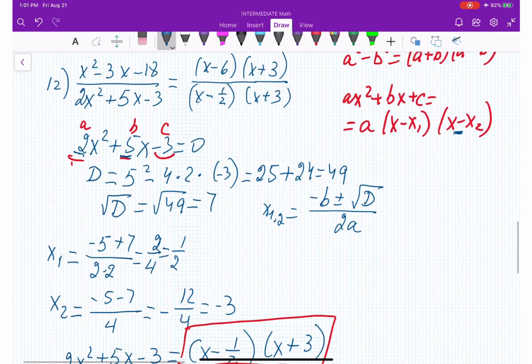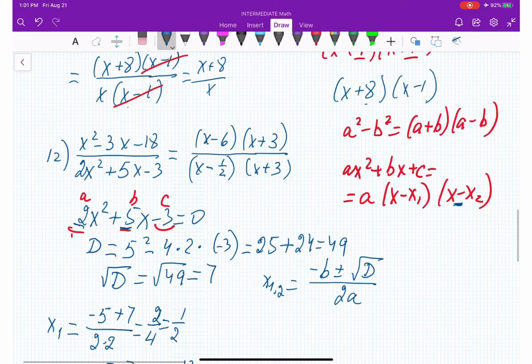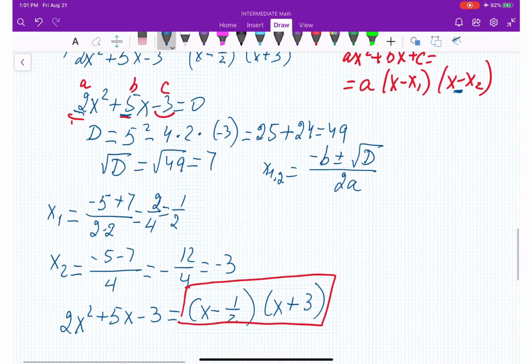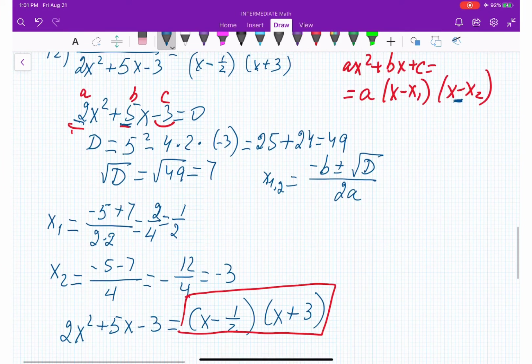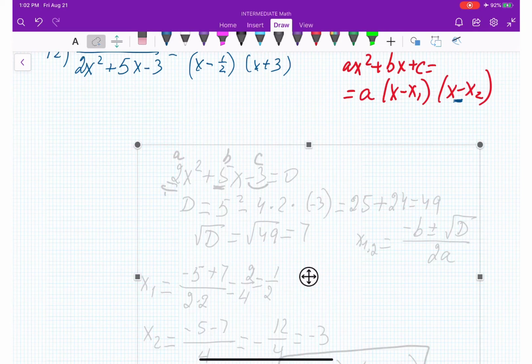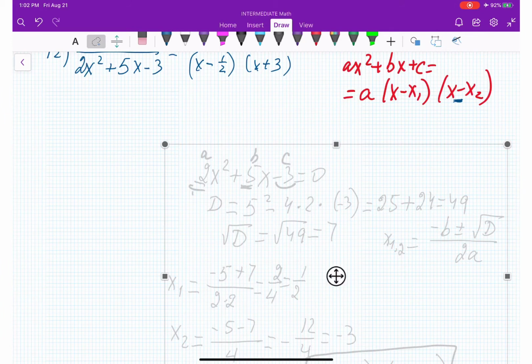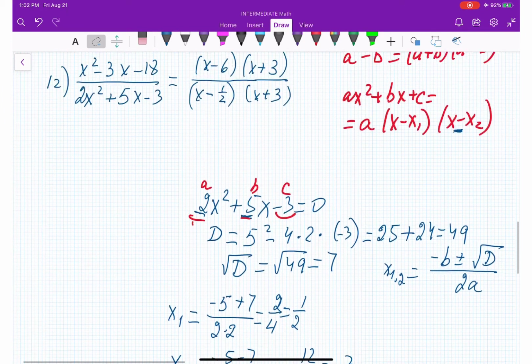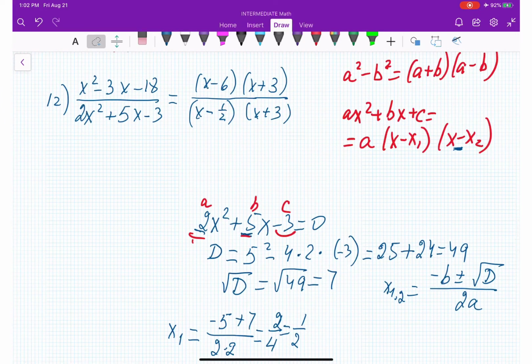Okay, so let's simplify. It doesn't look good, so let me move it on the side so you will have space to see. It's getting too much running around. Okay, so this will be the solution, and here we have space to write down clean.